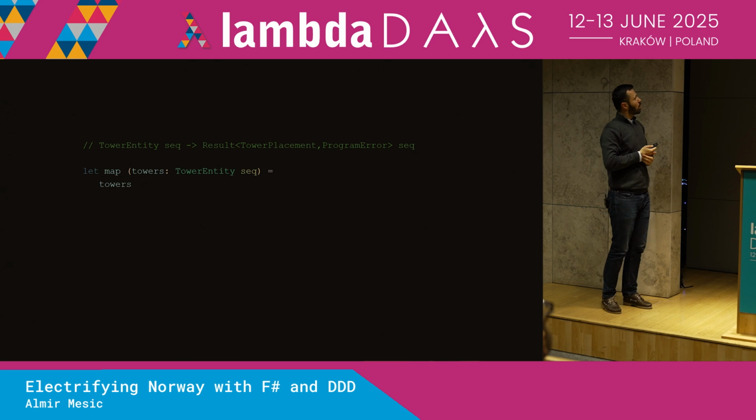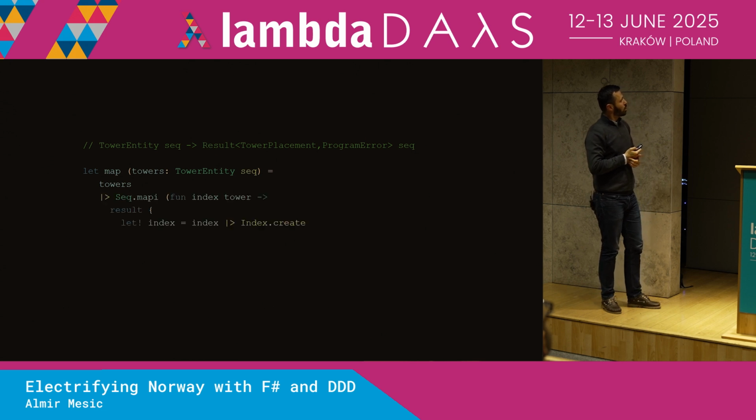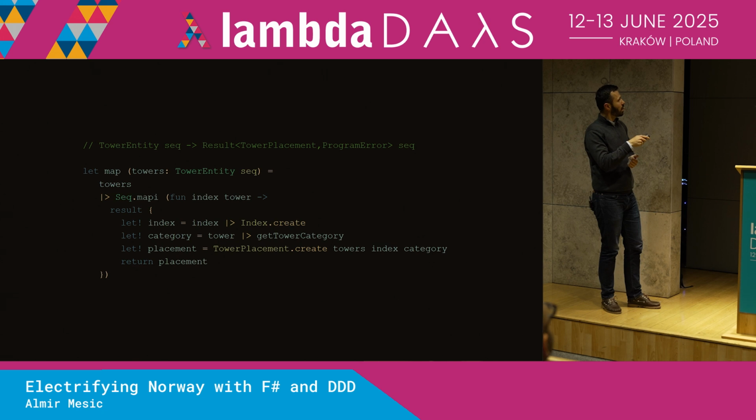Let's look at an example where we use the result type. In this case, we have a sequence of towers. We map over it, and we produce a result. We create certain types, and for this, we need to evaluate the computation, so we get the tower category, the index, and the tower placement.